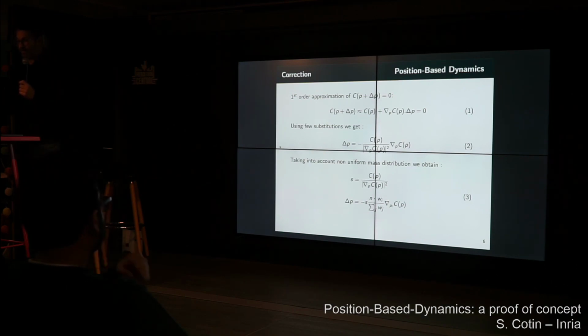But the baseline is, once you have a framework like this, because this algorithm, as you've seen, is very simple, the key thing becomes to actually implement a set of constraints that can cover the type of problems we would like to deal with.